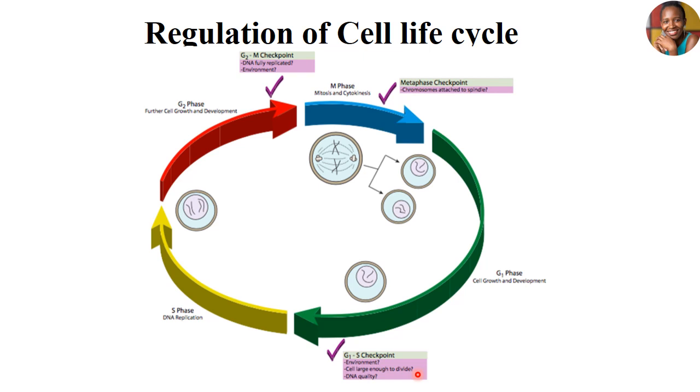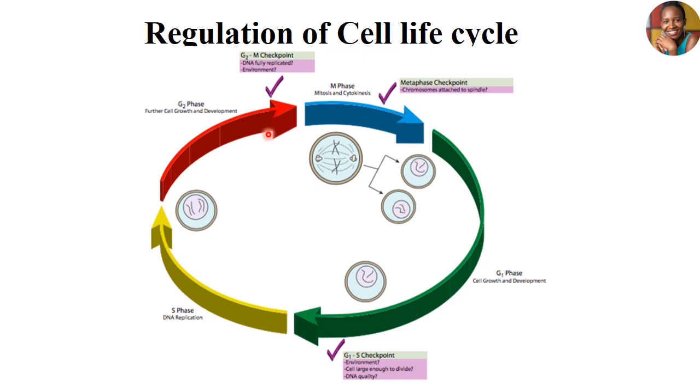And the other checkpoint that we're mentioning is found between G2 and the M phase, the G2/M checkpoint. You find it at the transition from the G2 phase to the mitotic phase. What this checkpoint does is confirm that the DNA has been fully replicated, that it is complete and contains everything that is needed.